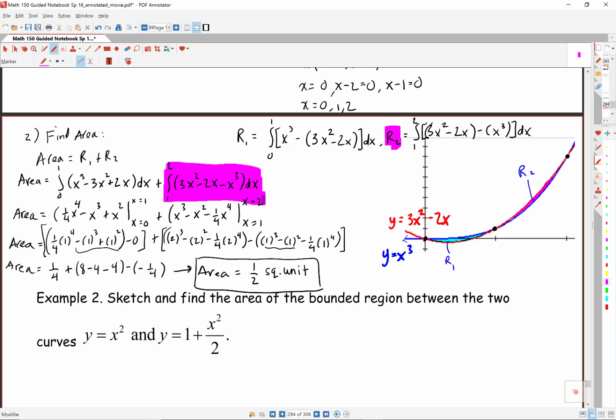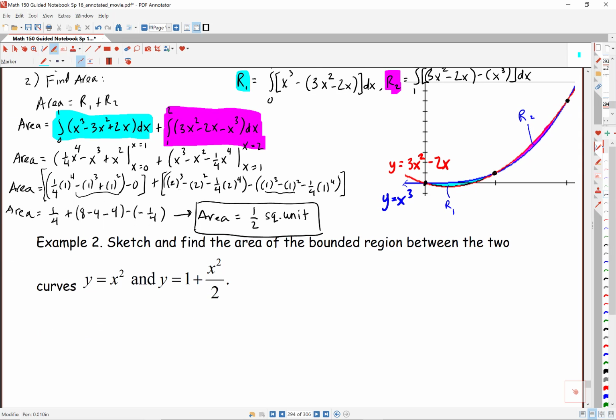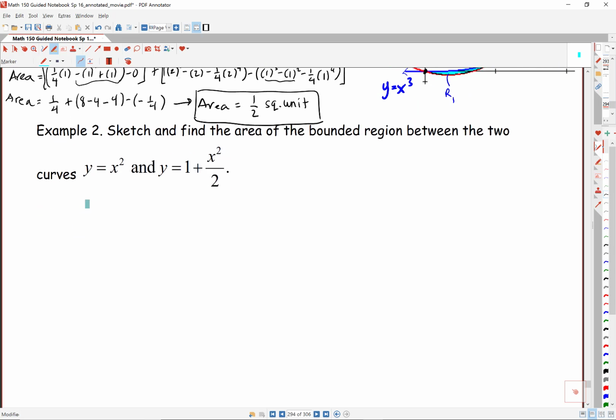And then this was our region 1, and this here gave us our region 1 area. Okay? So that's that.